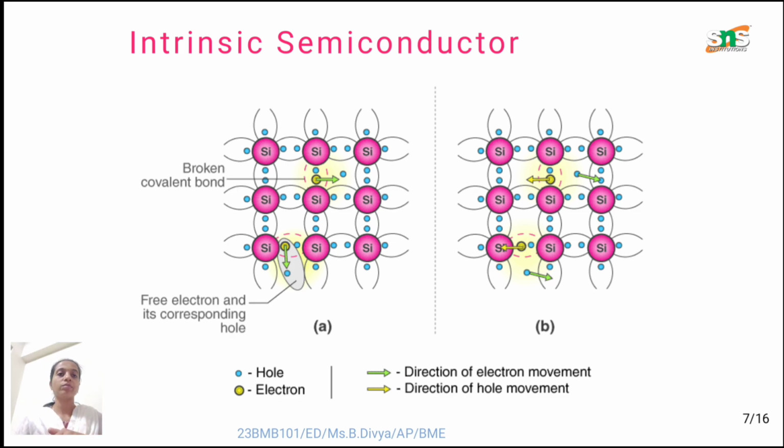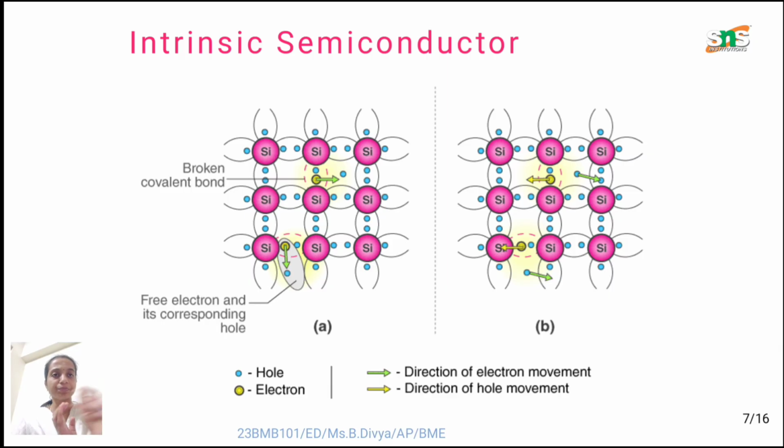Here we can see that the silicon has free electrons and its corresponding holes, and broken covalent bonds. The bonds get broken and connect to other electrons or holes in the next silicon.